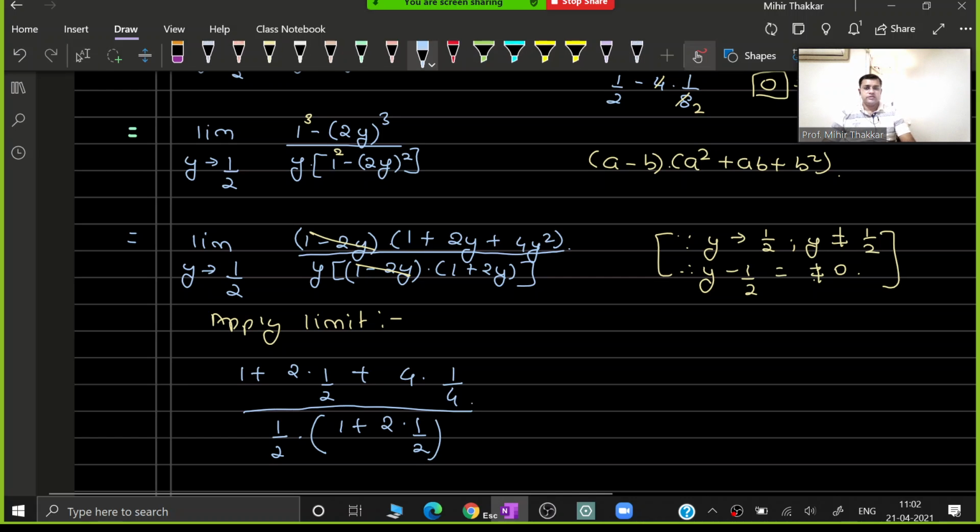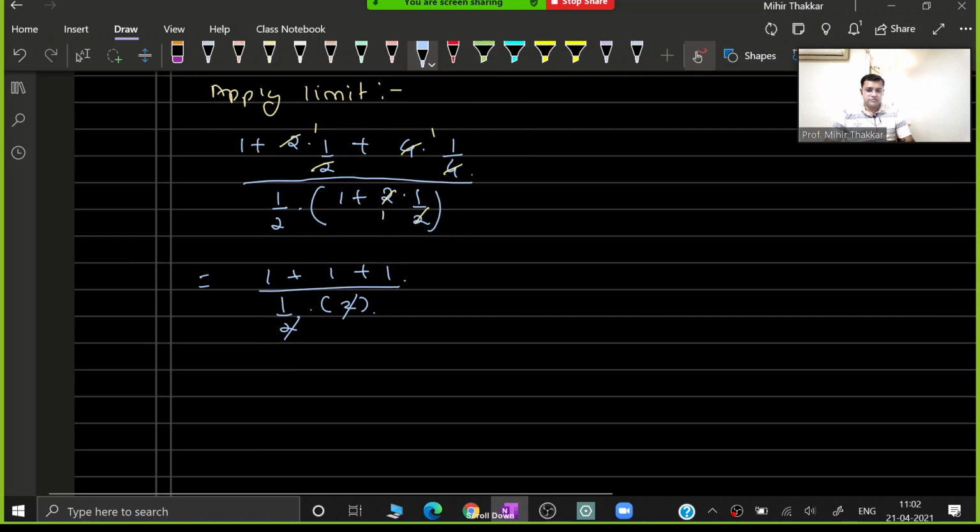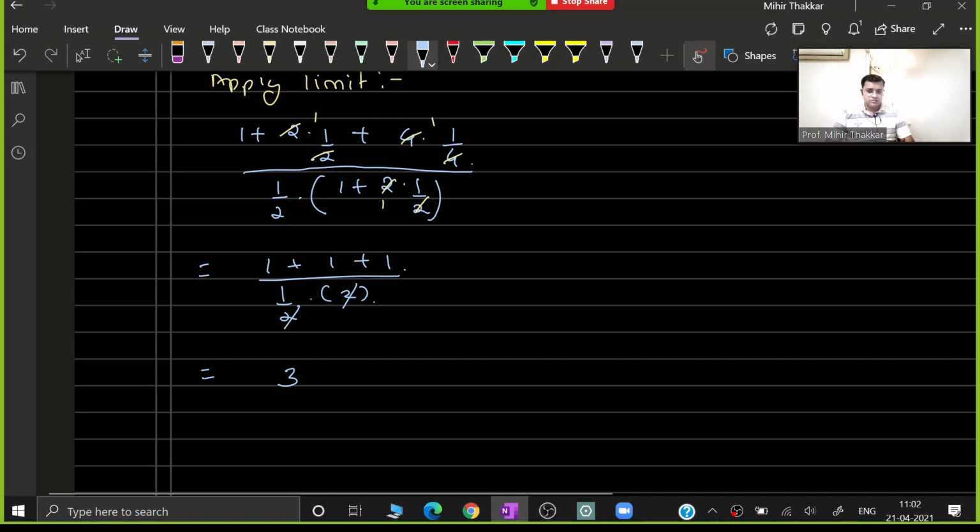So here these numbers will get cancelled off. So this is 1, again this is 1. So this is half into 2. So cancel off these both numbers. So ultimately the answer comes out to be equal to 3.